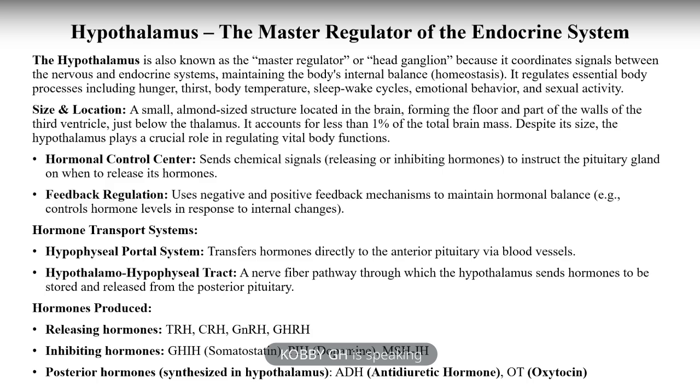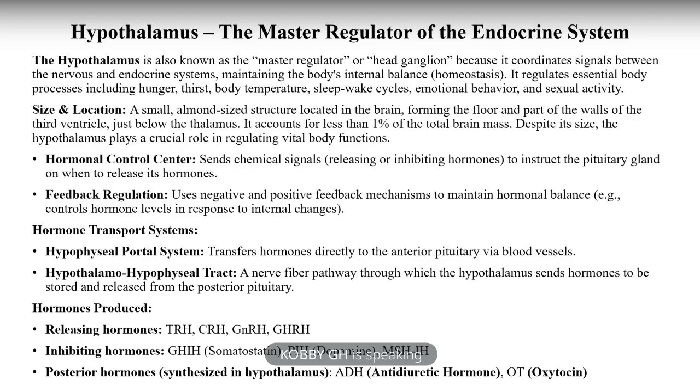The pituitary gland is rather the master gland, because the hypothalamus is an organ on its own, just that it plays a major endocrine role. Because of that, we consider it the master regulator. The master gland is the pituitary gland. It's the master regulator, but it's a very, very small organ.